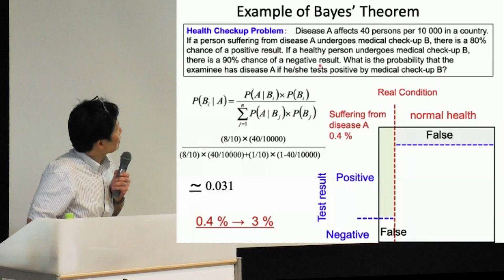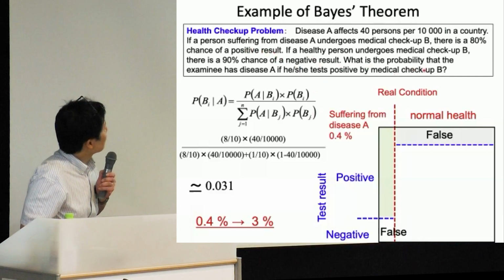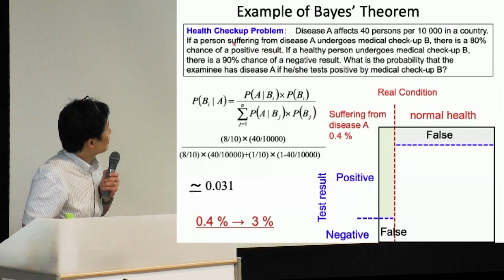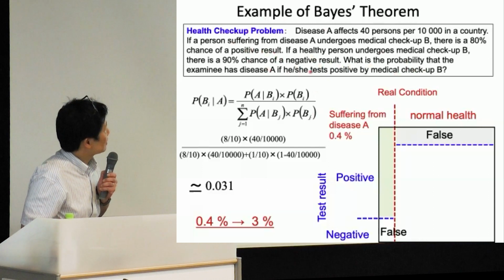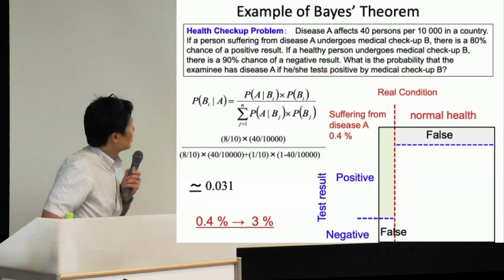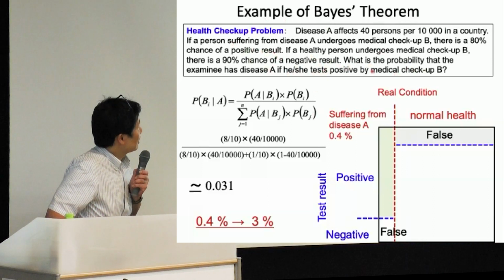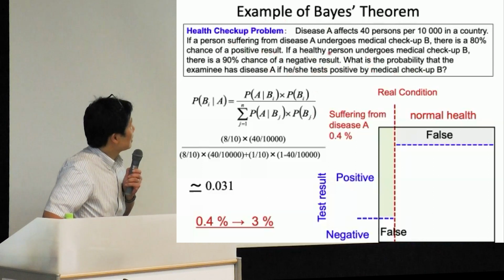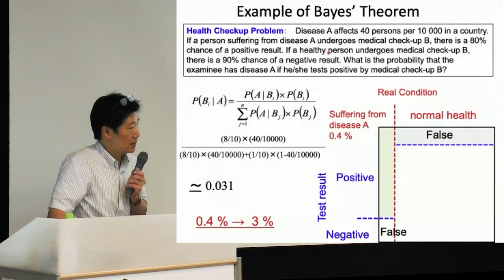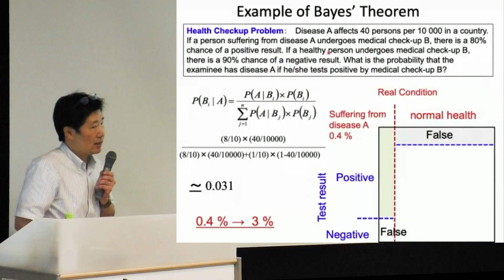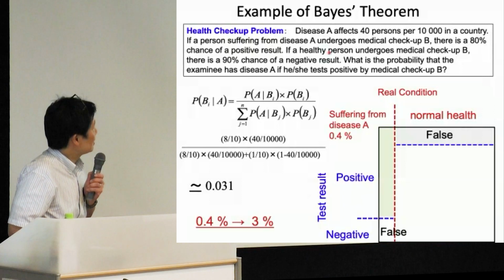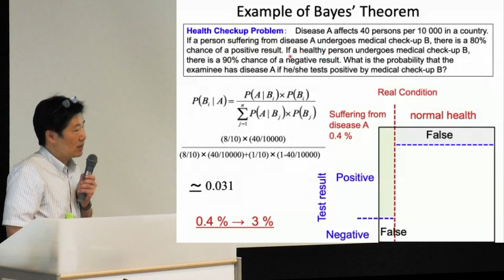But also, if a healthy person undergoes medical checkup B, there is a 90% chance of a negative result. It means that for a healthy person, 90% can get a correct answer. It means that the reliability of this test is good enough.